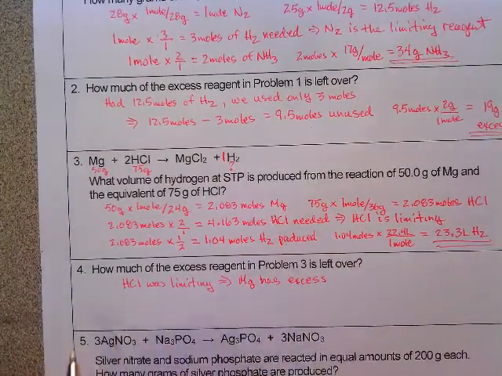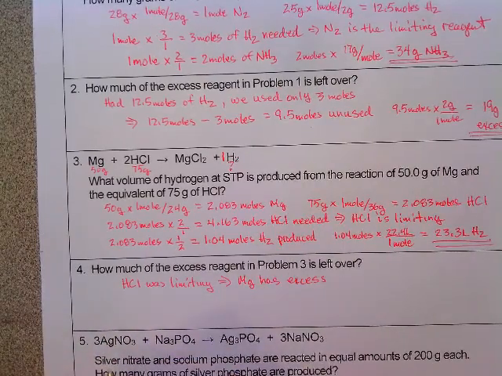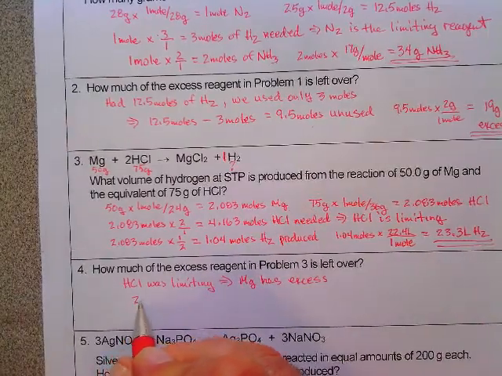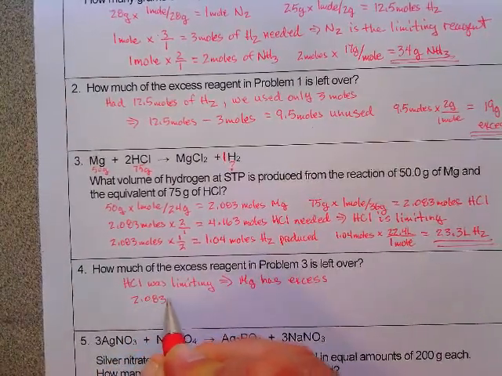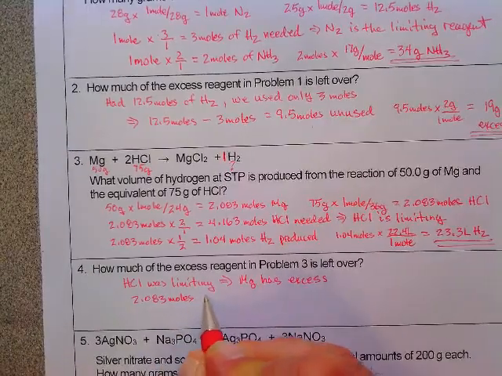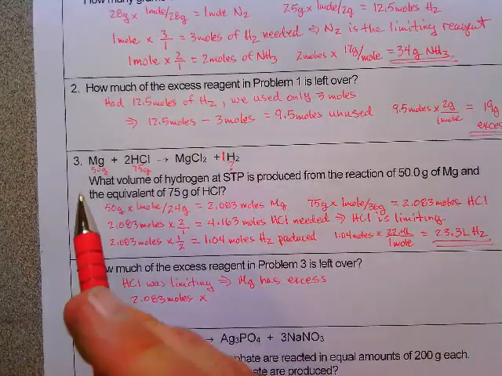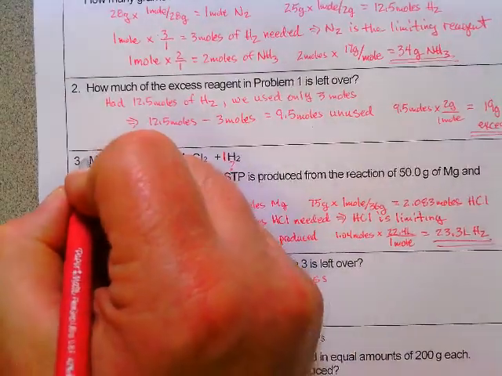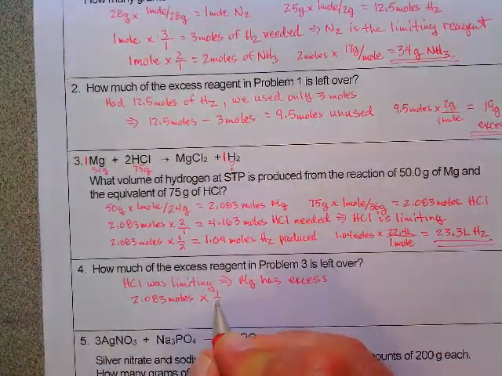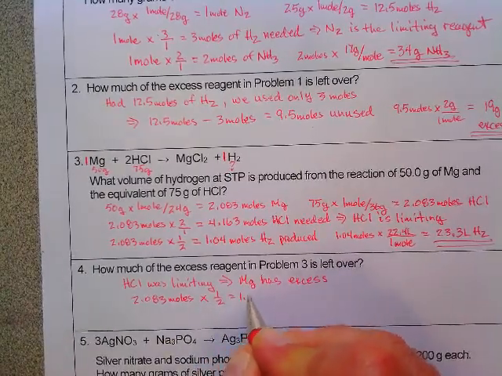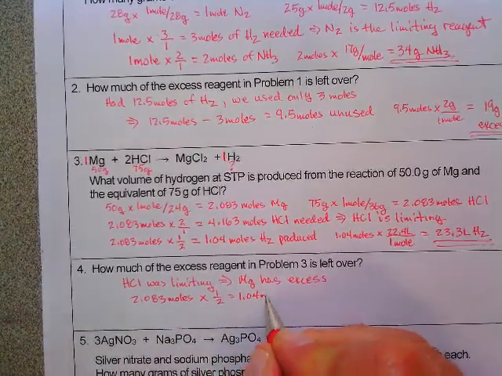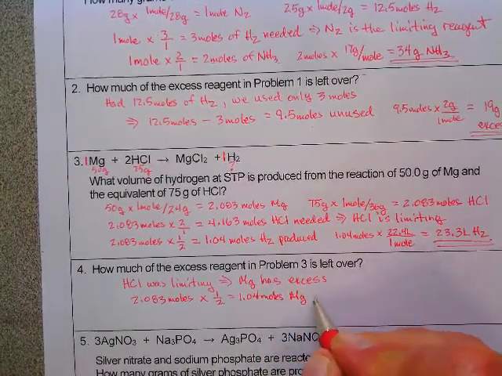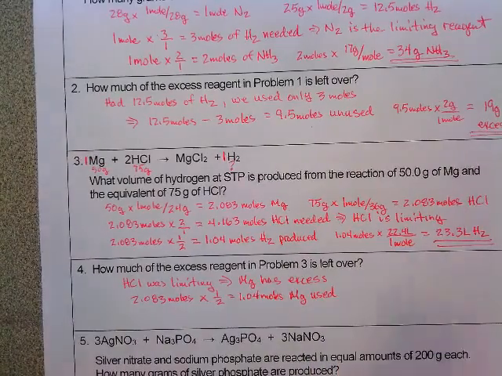Okay, so we're going to take the amount of HCl we had, 2.083, times, now we're going to do the mole ratio comparing the magnesium to the hydrochloric, which should be, again, nothing in front, that's a 1, so 1 over 2, which means 1.04 moles of Mg used, half of it.